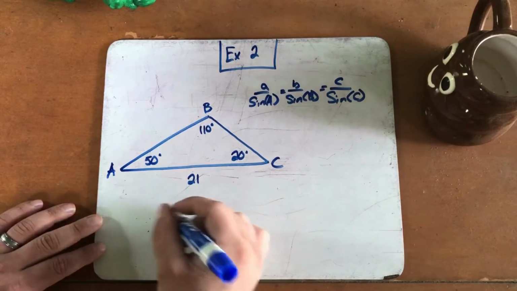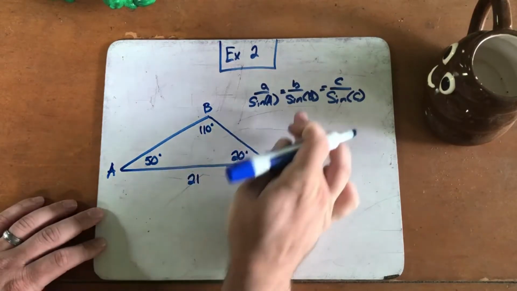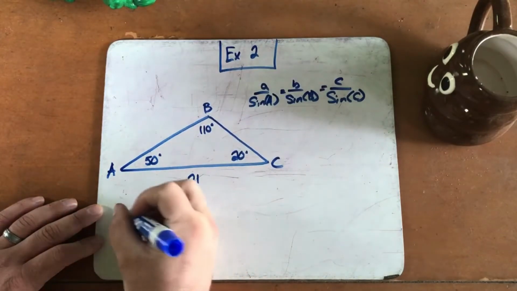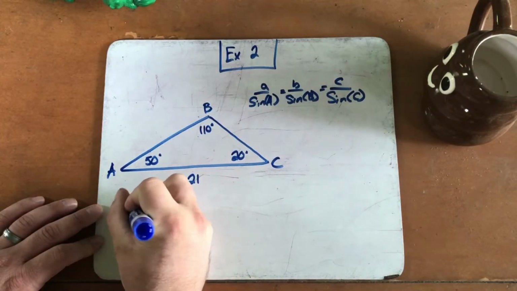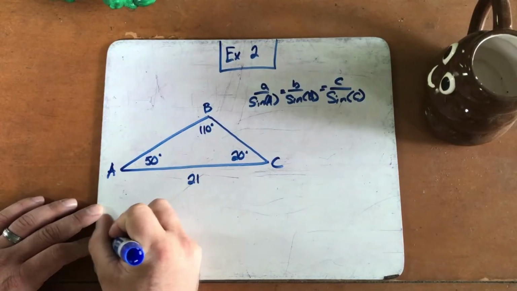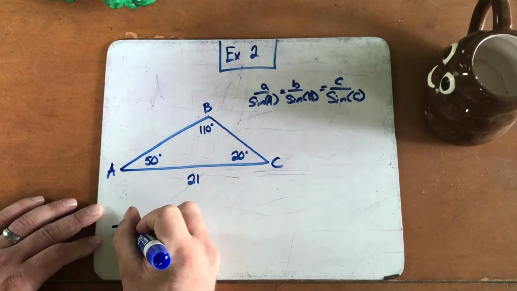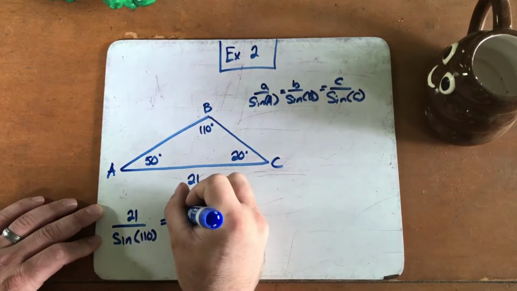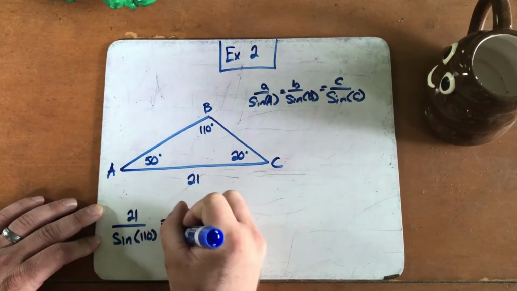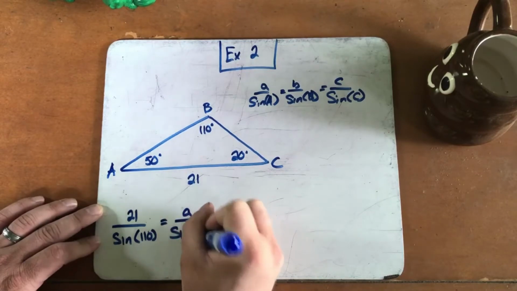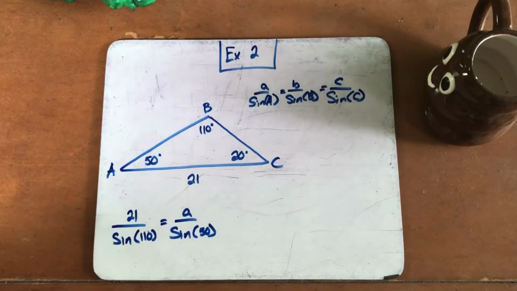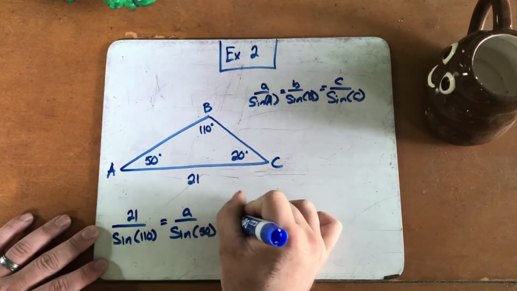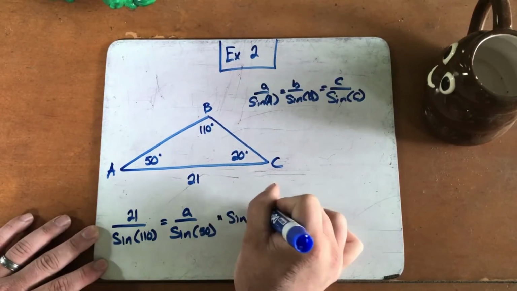If I'm looking for side A, I'm going to use the B because that's the one I know, and then the A one. So little b is 21, or the side of B, over the sine of 110 degrees equals little a that I don't know over the sine of 50. So once again, in order to solve this, I would multiply both sides by the sine of 50.